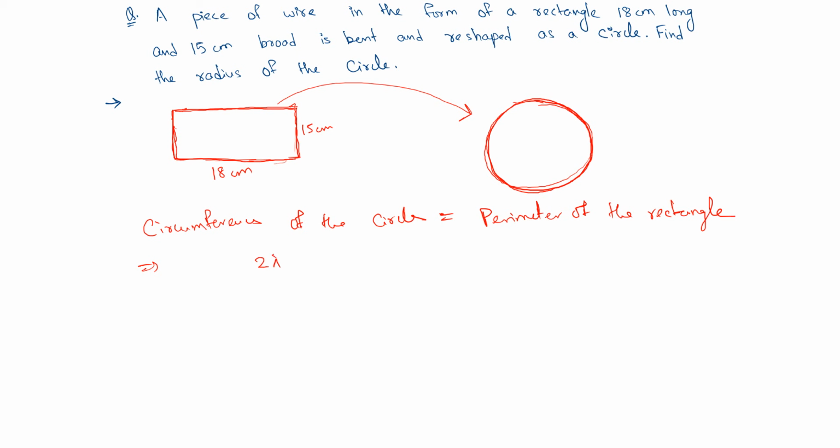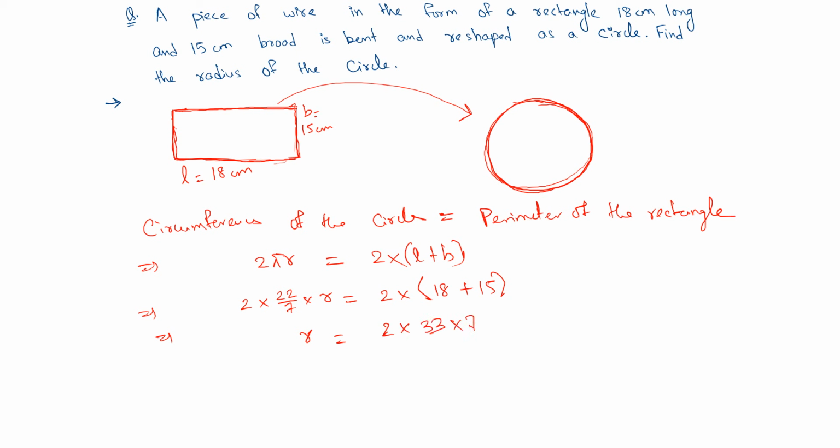So we'll use the formula. Perimeter of rectangle is 2 into (length plus breadth). The length is 18 and breadth is 15 centimeter. So 2 into 22 by 7 into r, r will remain as it is, as we have to find r. So length is 18 plus breadth is 15. So r will be 2 into 33 over... now 7 will come up and 2 and 22 will be in the denominator.